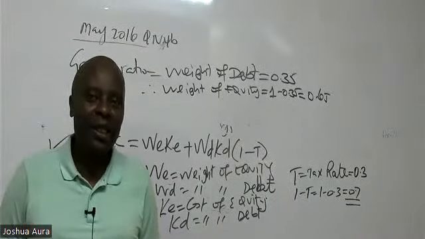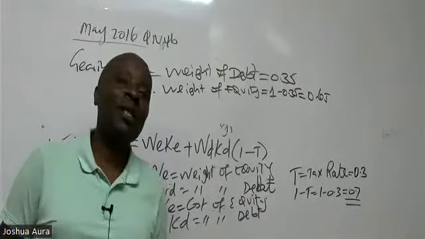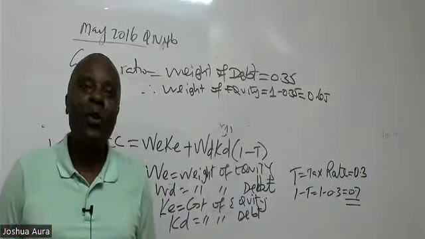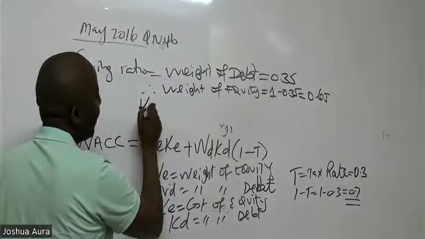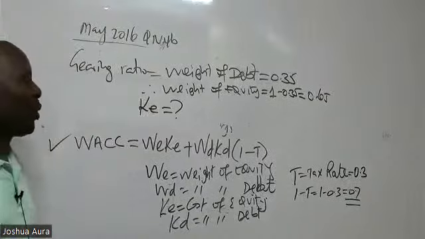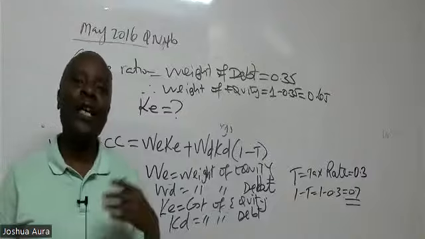If you come here thinking that it will be given to you the way it was being given to you in financial management at the intermediate level, then know that you're in trouble. For us here, we'll always hide this. This is our white card, the cost of equity. This one will always be hidden. But ladies and gentlemen, it doesn't matter how they hide this.